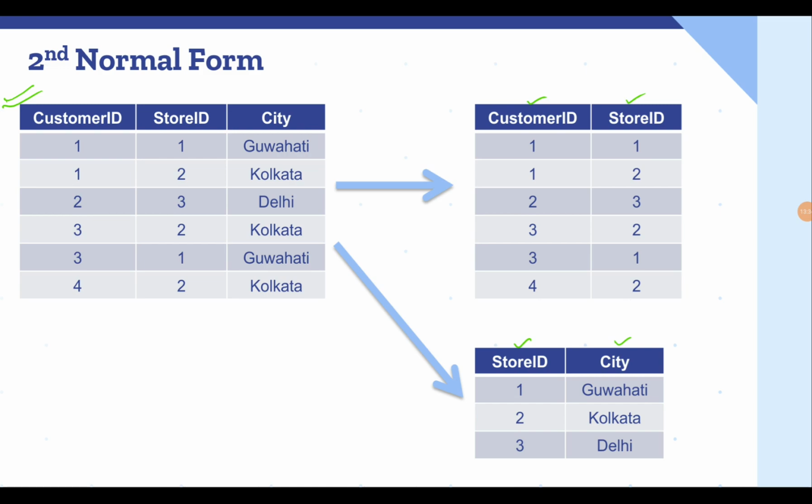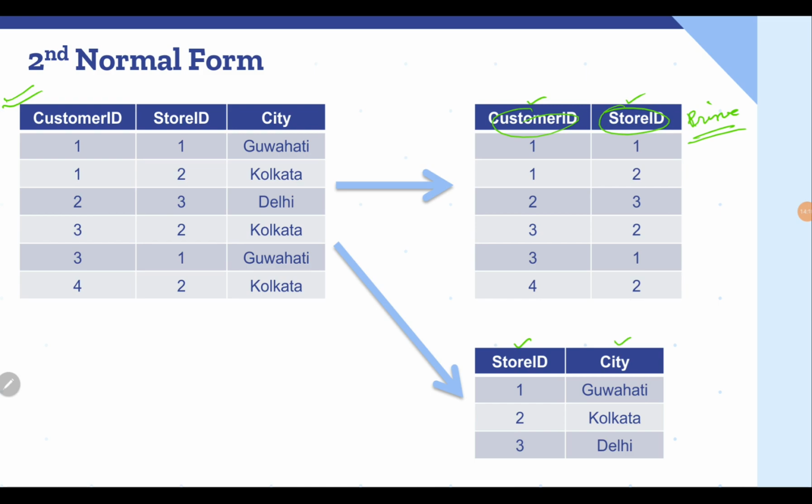Here we are going to check the rule for the second normal form. The rule was that any non-prime attribute should be fully functionally dependent on the prime attribute. In the first table there is no non-prime attribute, these are all prime attributes, so that rule doesn't apply.